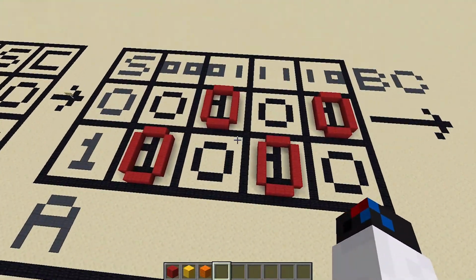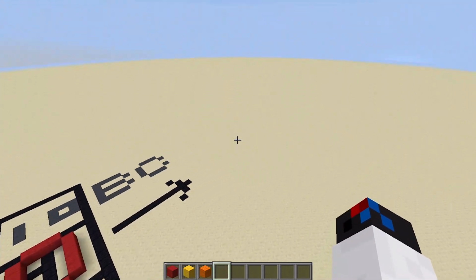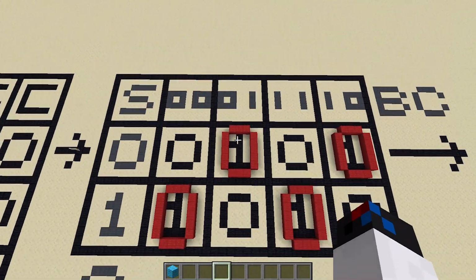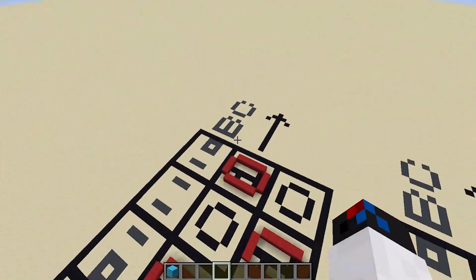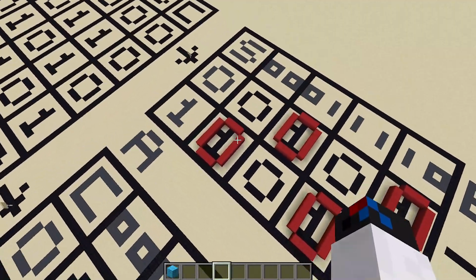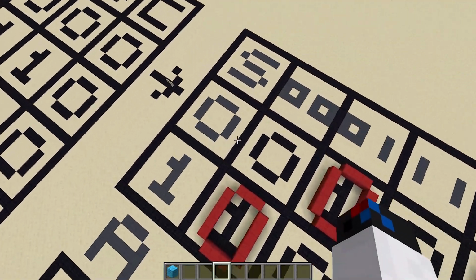Now from the Karnaugh maps, you can convert it back to Boolean functions, because that's actually what we want. We want the Boolean function. So how can we, from the Karnaugh maps, get our Boolean function back? Well, it's very easy. We first look at all of the ones, and then we look at the coordinates.